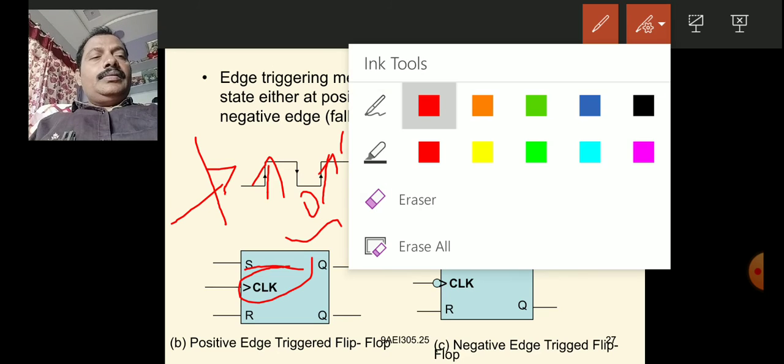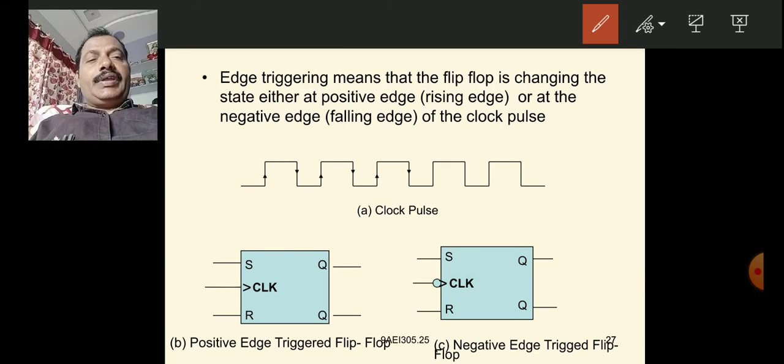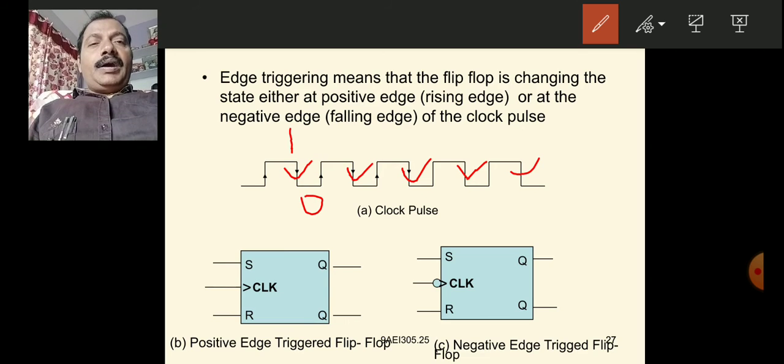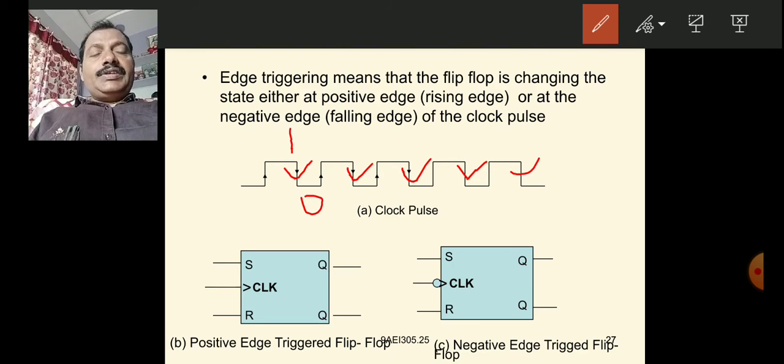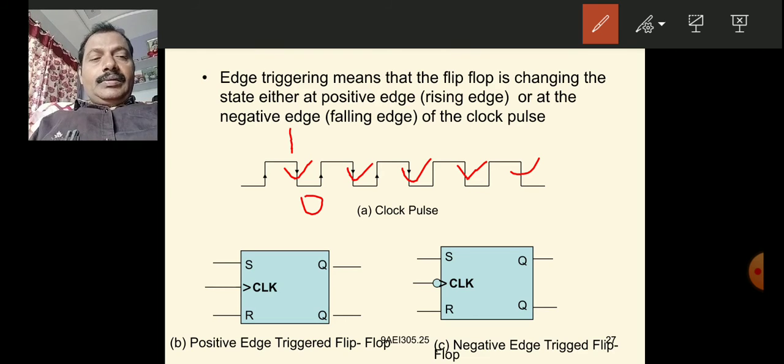The next edge triggering is the negative edge triggering. These are negative edges. That means 1 to 0 changing. This is also a negative edge. When the flip-flop or digital circuit is activated at the negative edge, it is called negative edge triggering.